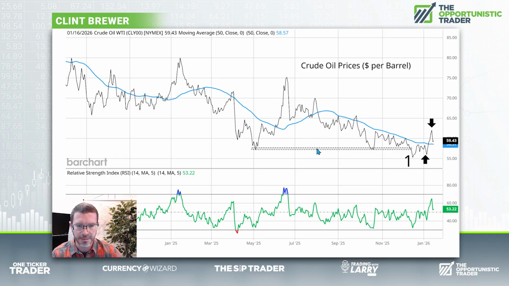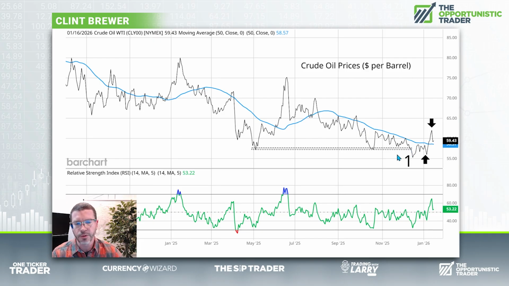So that became a key level to watch, especially during the back half of the year. We created this bearish descending triangle pattern. If I draw a trend line connecting these tops along with this low, a break below this pattern would be a bearish development for oil prices. And that's exactly what you had at point one, where oil prices broke below this pattern.